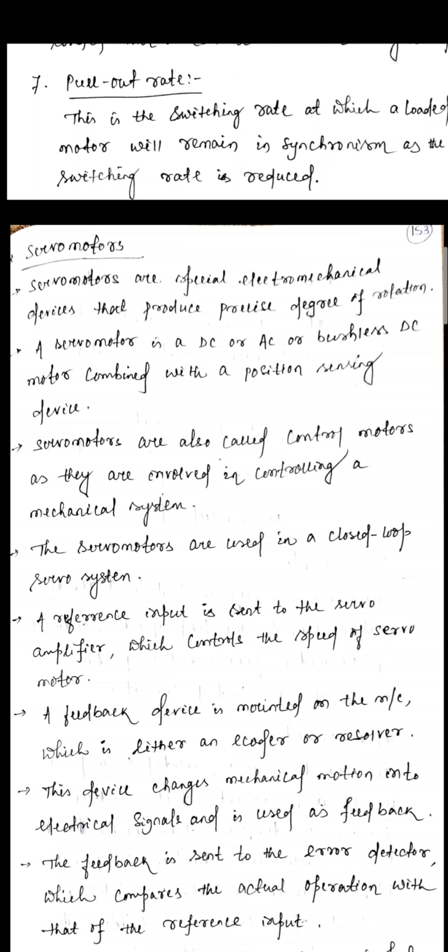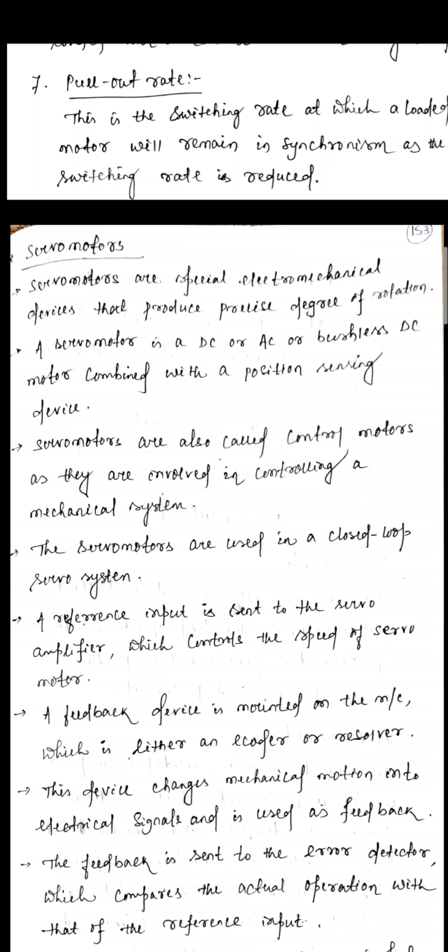So, a reference input is sent to the servo amplifier which controls the speed of the servo motor, and a feedback device is mounted on the machine which is either an encoder or resolver. This device changes mechanical motion into electrical signals and is used as the feedback.